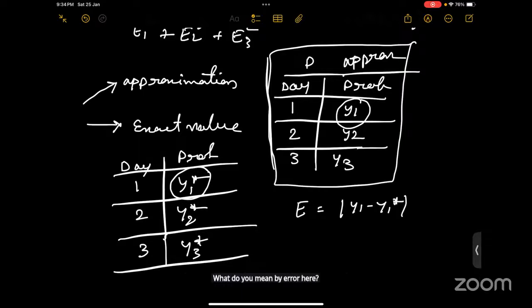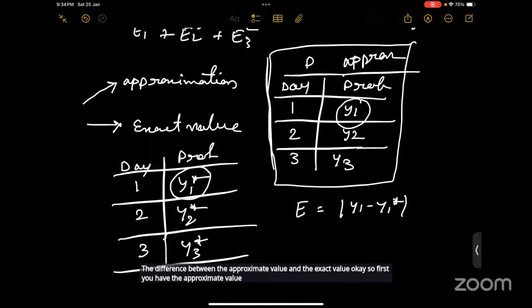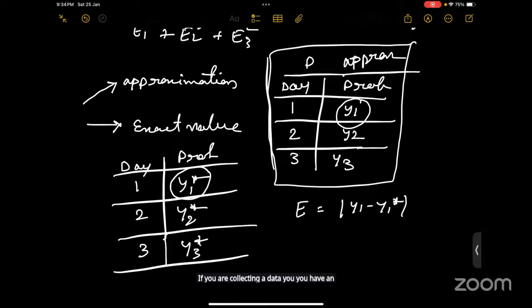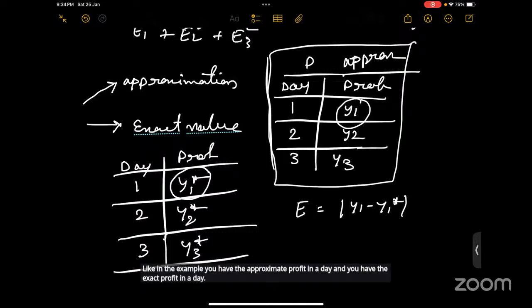Error means basically the difference between the approximate value and the exact value. If you are collecting data, you have an approximate value and an exact value, like in the example, the approximate profit in a day and the exact profit in a day.